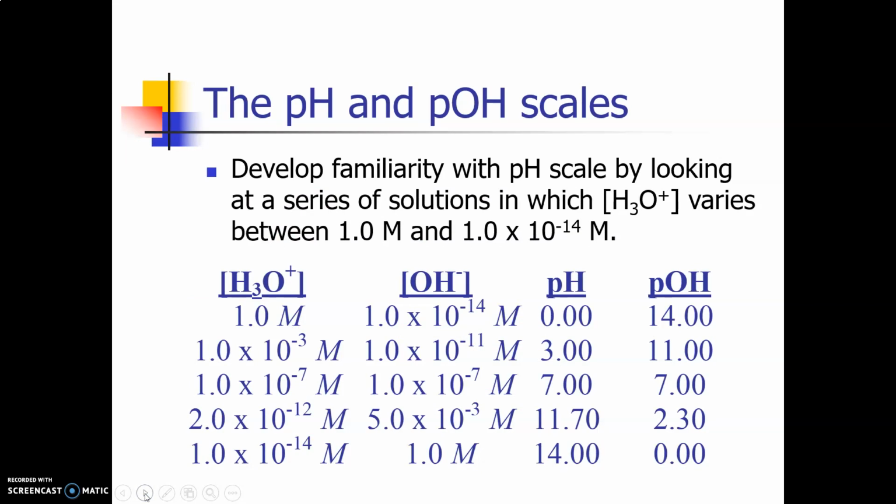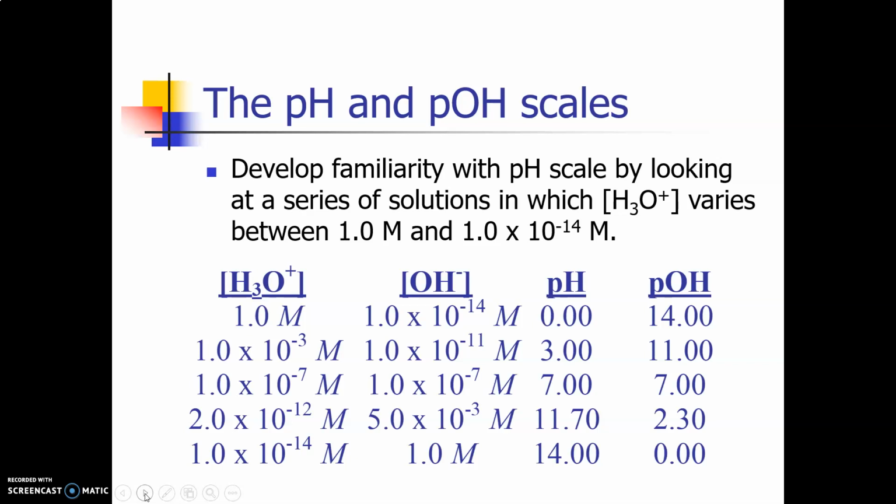Okay, we said that multiplying the concentration of hydrogen times the concentration of hydroxyl gives a constant, 1 times 10 to the power of minus 14. So if the concentration of hydrogen is 1 times 10 to the power of 0, the pH is 0 and the pOH is 14.